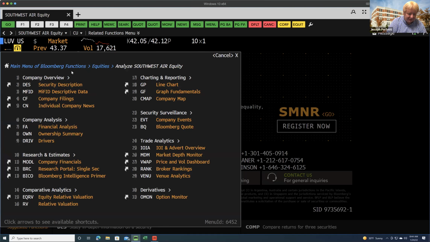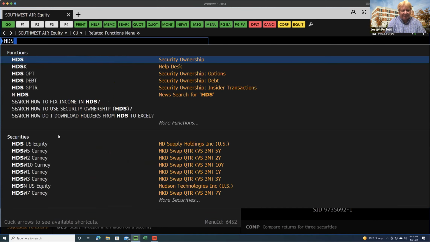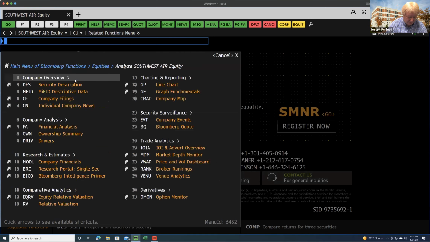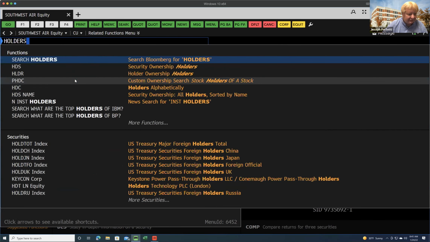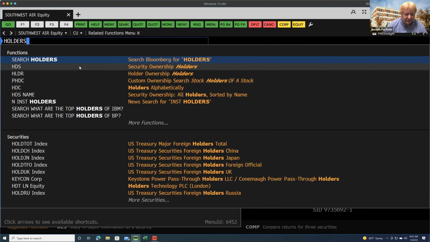by going to a screen called either ownership, OWN, or the quick way to do it is HDS, which stands for holders or security ownership. And what you're going to learn in your Bloomberg certification training is Bloomberg has these short codes to menus, HDS holders, okay, which they've adopted over time, or you can start typing in holders, spell correctly, and then it'll tell you what the short code is.